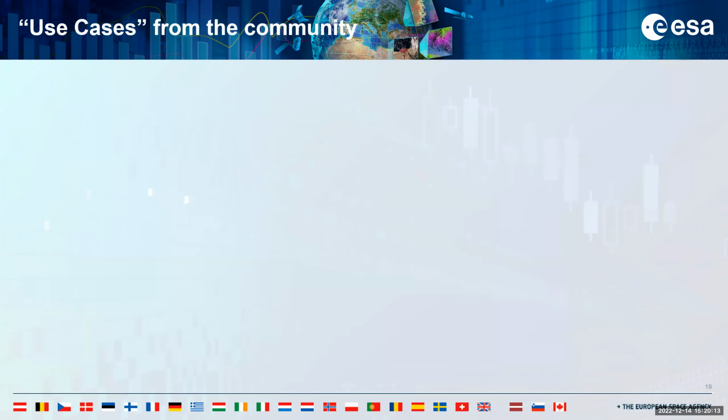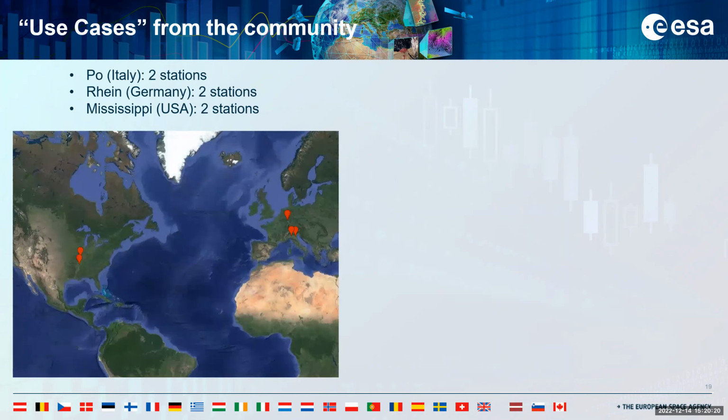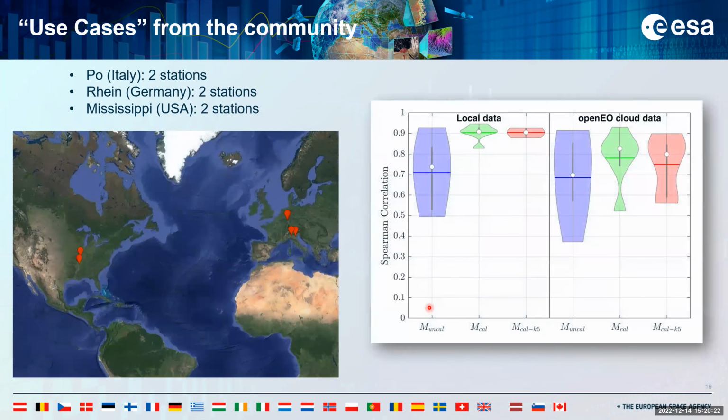So on some, or not worldwide, but in North America and in Europe. So you can see that these local data correspond quite well with the OpenEO cloud data and the river discharge that has been analyzed.